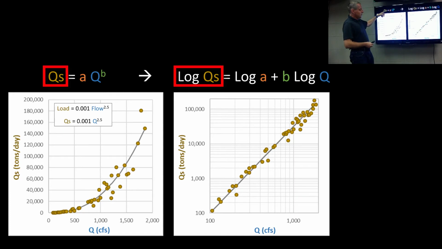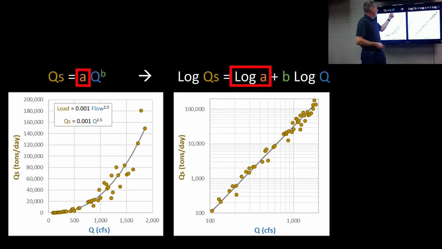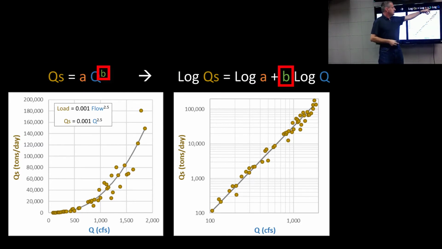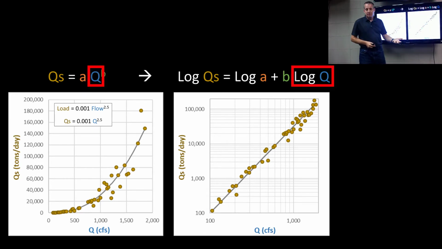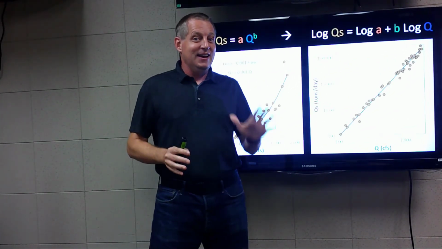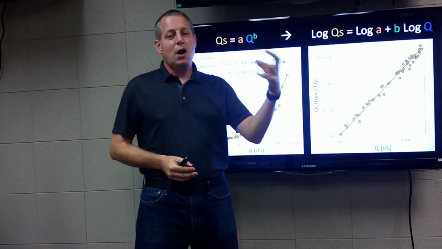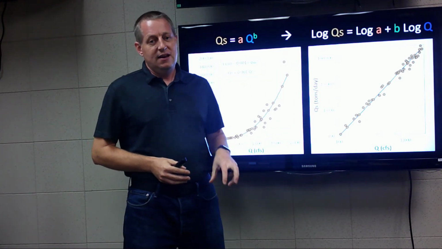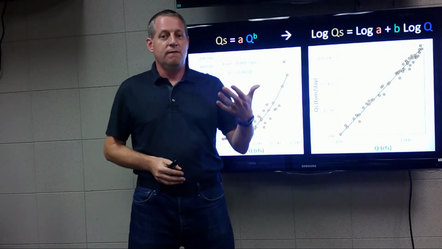So the log of the dependent variable equals the log of the coefficient, which becomes its own constant, plus b, the power, which becomes the slope, times the log of the independent variable. And so you just get a straight line fit, and we do the exact same least mean squared error analysis in order to get the best fit line. And so that's super easy, except that when you untransform these data, you end up with a systematic bias.